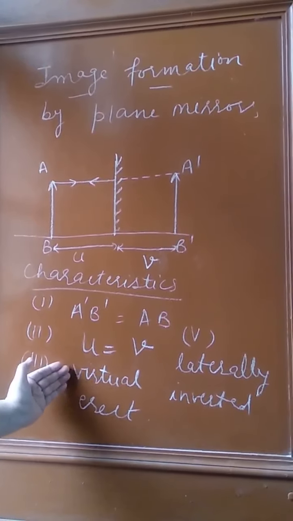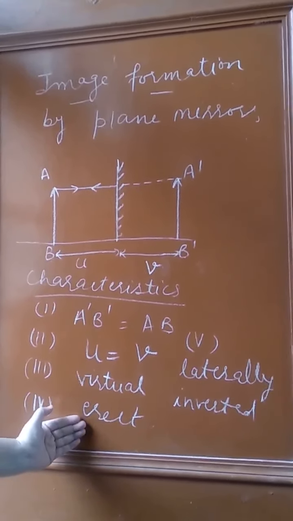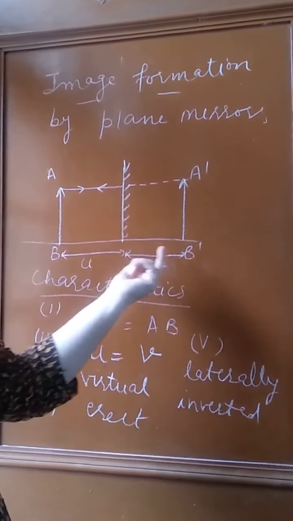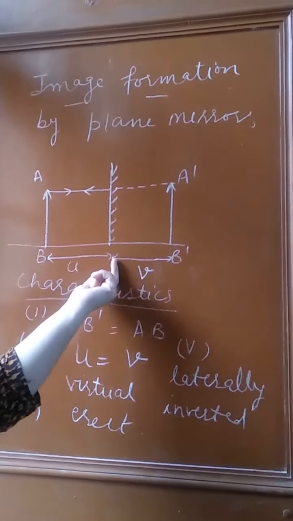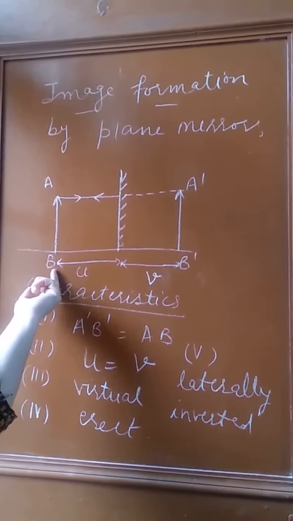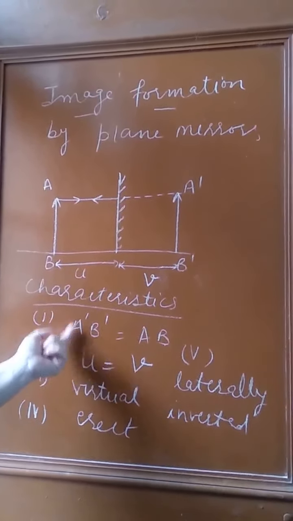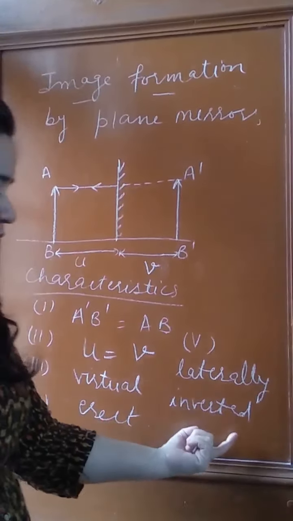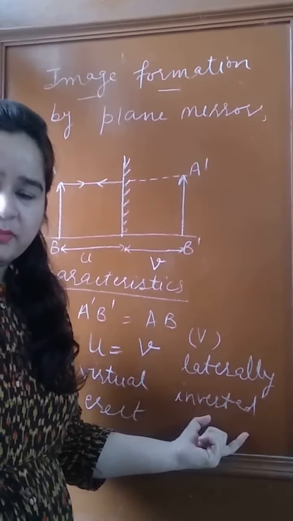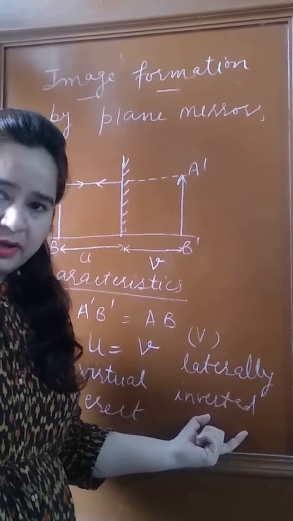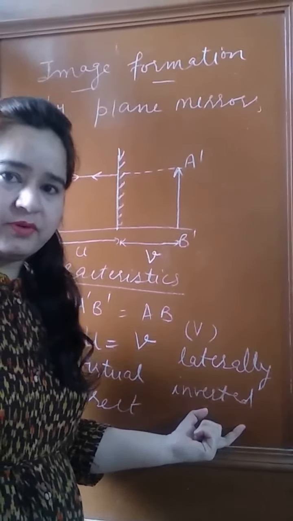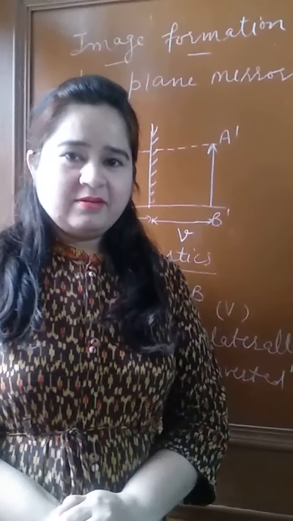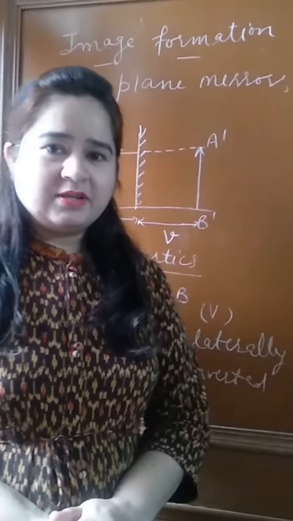The image formed is virtual, the image formed is erect, the image is formed at an equal distance behind the mirror as far as the object is placed in front of the mirror, and the size of the object is equal to the size of the image, and the image formed is laterally inverted, means left side becomes right and right side becomes left. Now that's all for today, and we will discuss spherical mirrors in the next video.